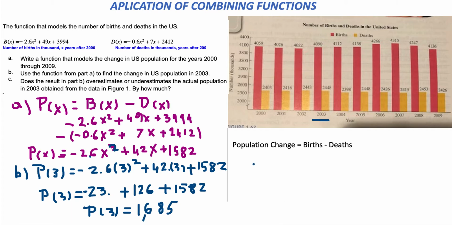But now for part C, they are asking: does the result in part B overestimate or underestimate the actual population change in 2003 obtained from the data? The data in 2003 says we have 4,090 births.